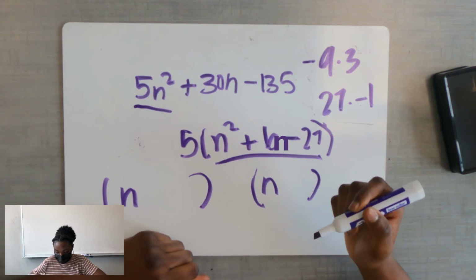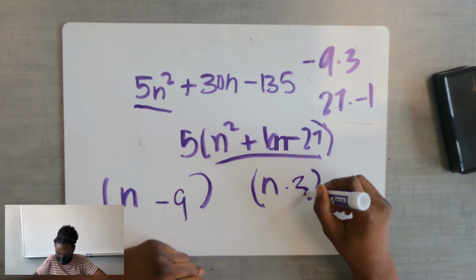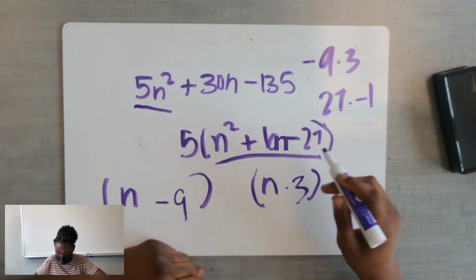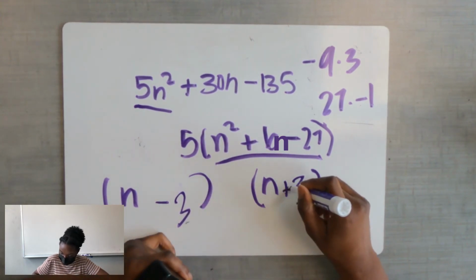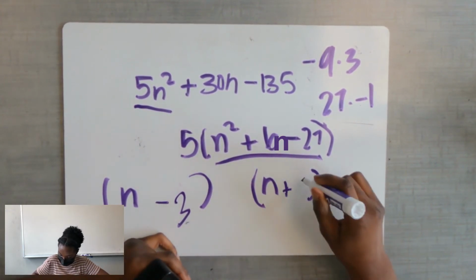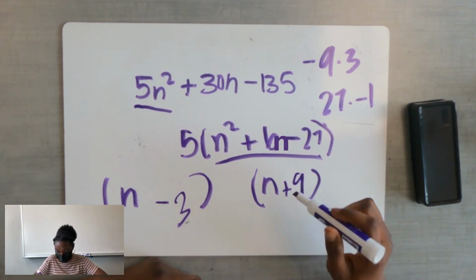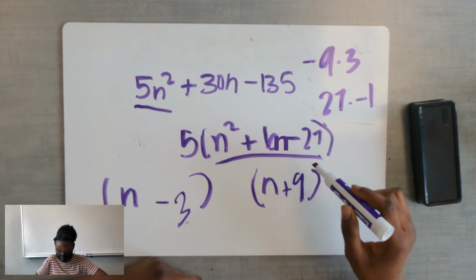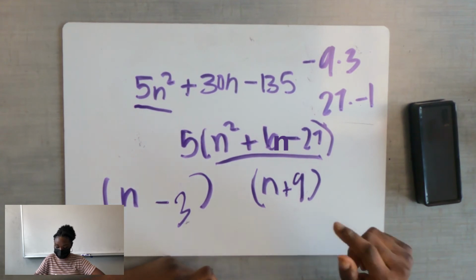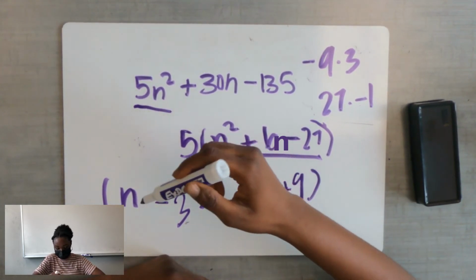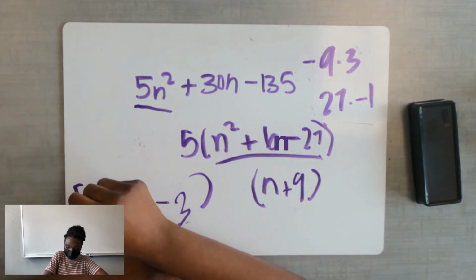And so you get -3 plus 9, because 9 subtracted by 3 is 6. And 9 times -3 is -27. So it'd be n minus 3 times n plus 9, with 5 on the outside.